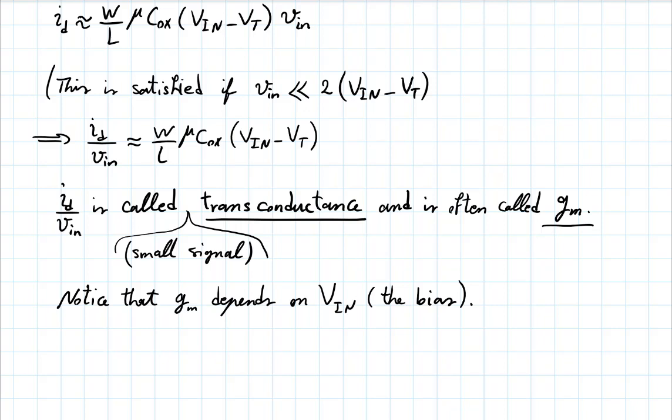Now tell me, if I wanted to have a high transconductance gain, how should I choose my bias point? If I want to increase GM, I have to increase Vn, right? Because it's just Vn minus Vt. So the more I give a larger input bias, the higher the gain, the small signal gain.